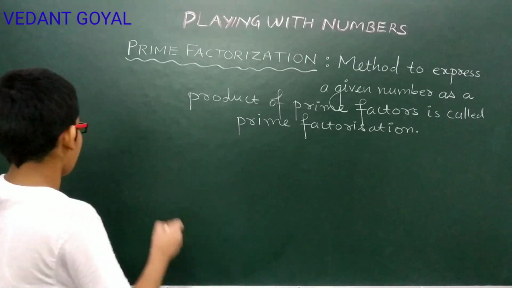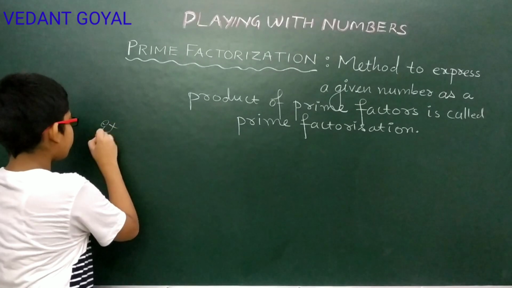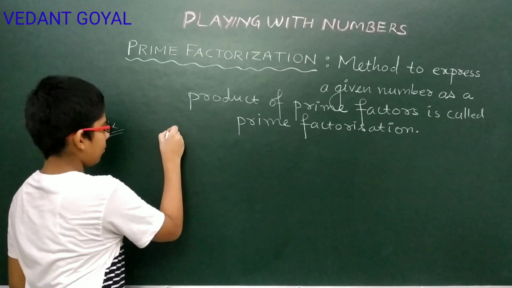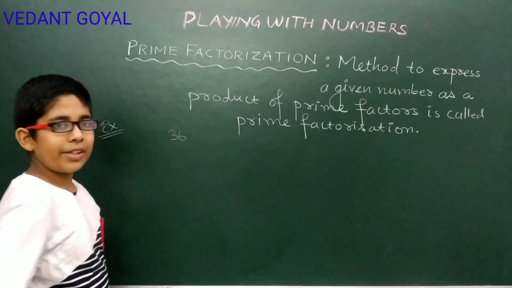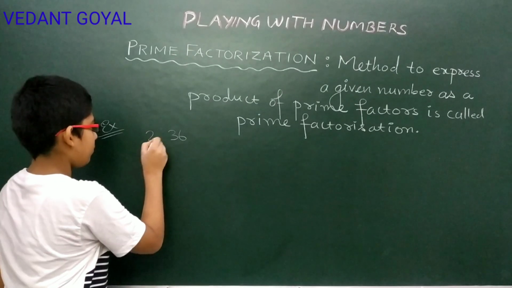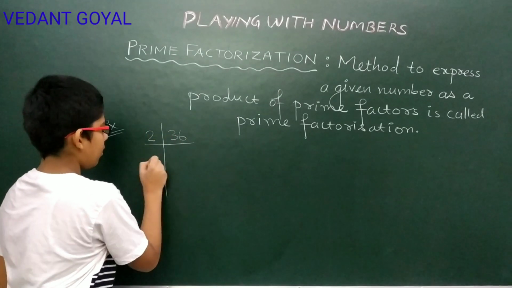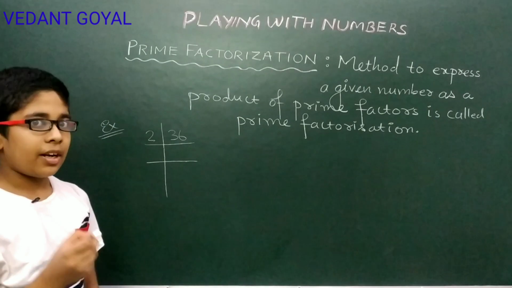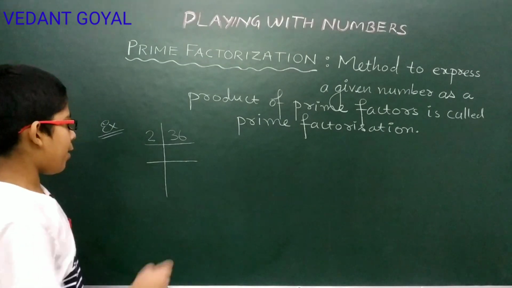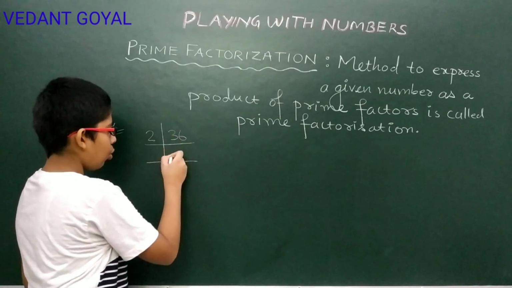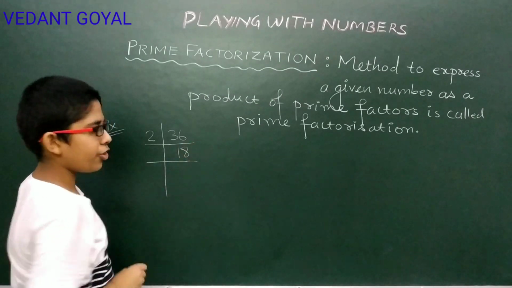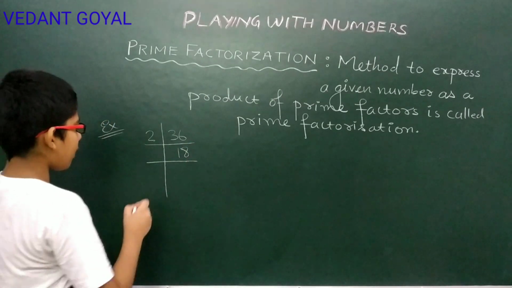Okay, now let's take an example. 36. We will check it by 2. So we make a line here. Yes, 36 is divisible by 2 and when we divide 36 by 2, we get 18 as a quotient. We will further check.